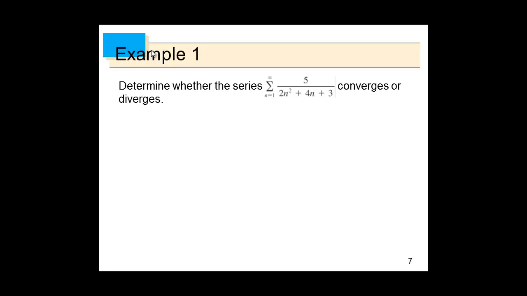Now, what convergent series would you use? You're going to use that 5 over 2n squared because you know that it's convergent. You're going to compare this series with the known series.